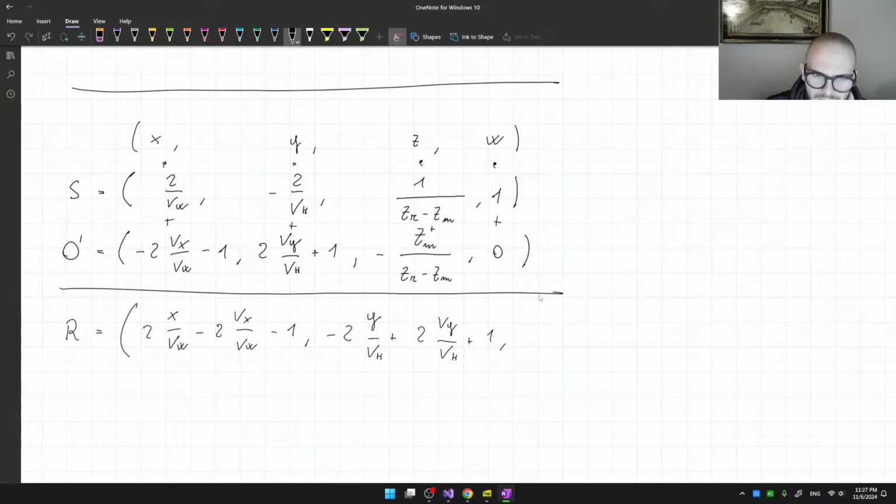Okay, and here we got the z. Oops. Z divided by z min minus z max, minus z min divided by z max minus z min, and this is the W.